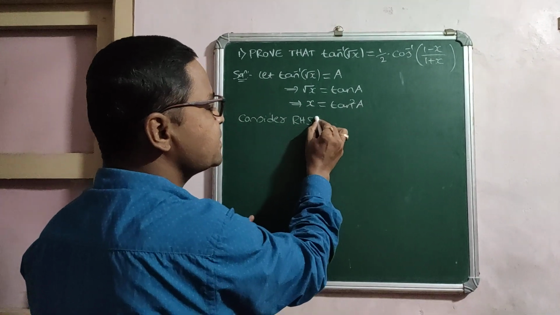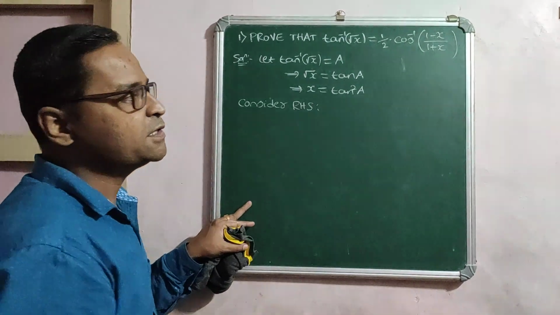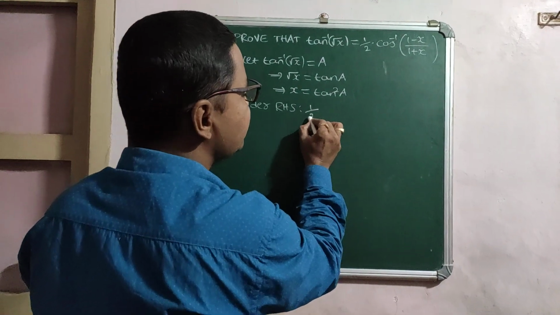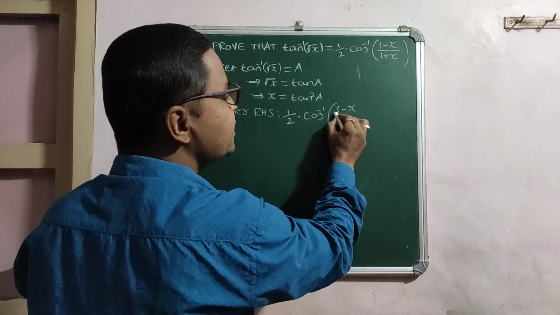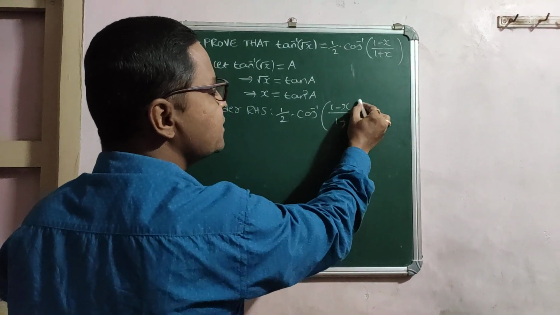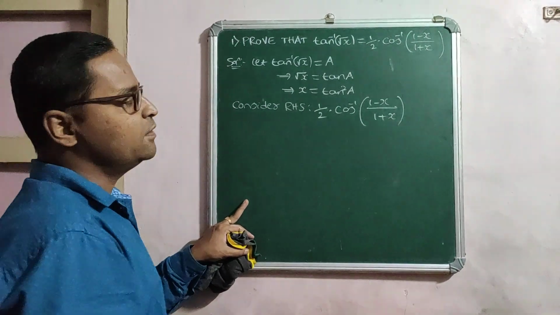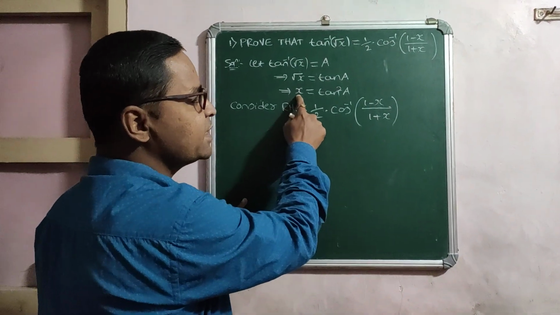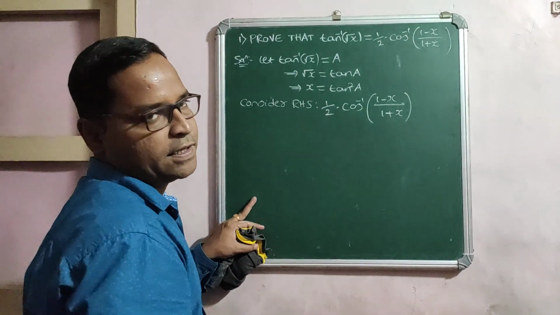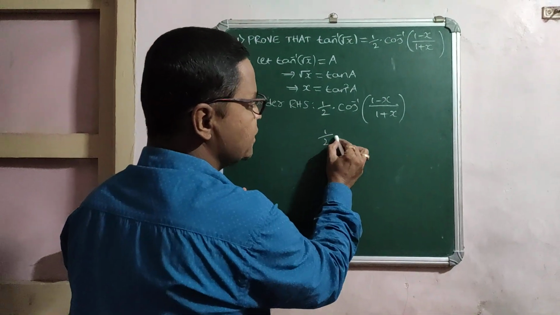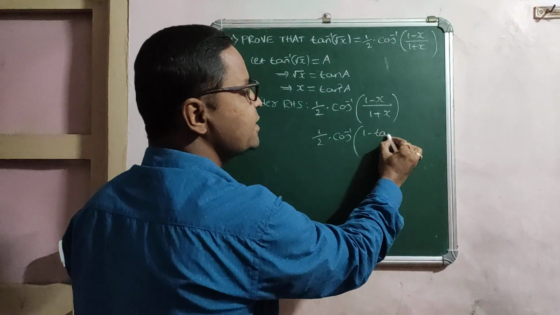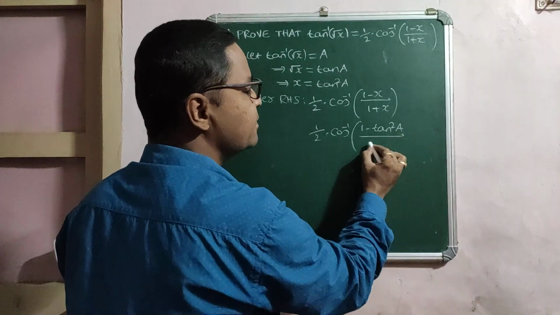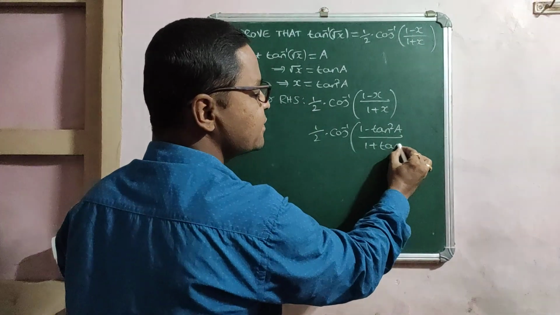Consider the RHS part. What is the RHS part we are observing? Half into cos inverse of (1 minus x) divided by (1 plus x). Now, I will replace the term x as tan square of a. So, therefore, half into cos inverse of (1 minus tan square of a) divided by (1 plus tan square of a).